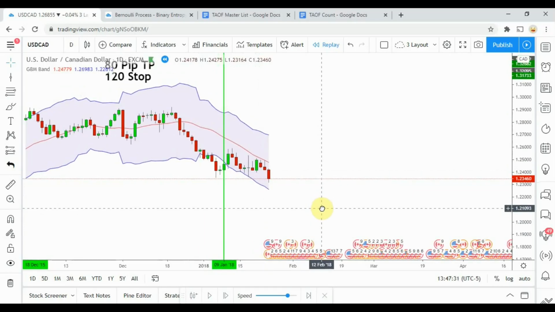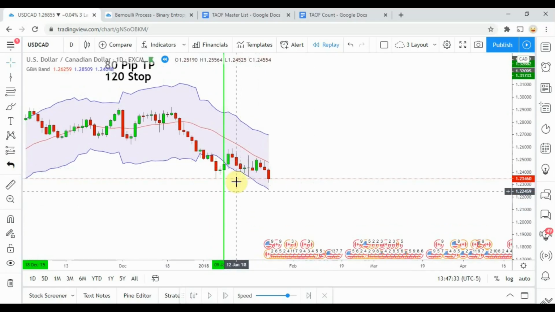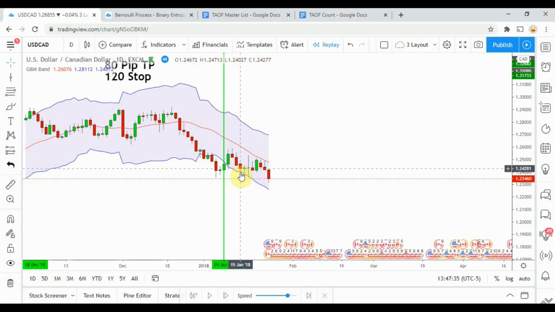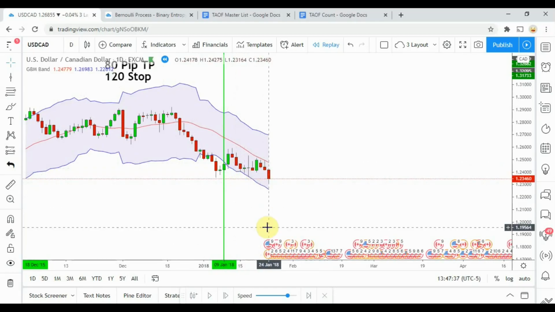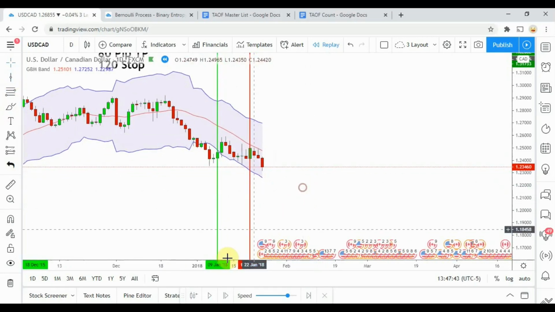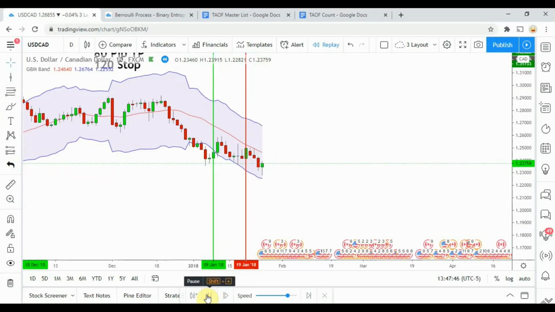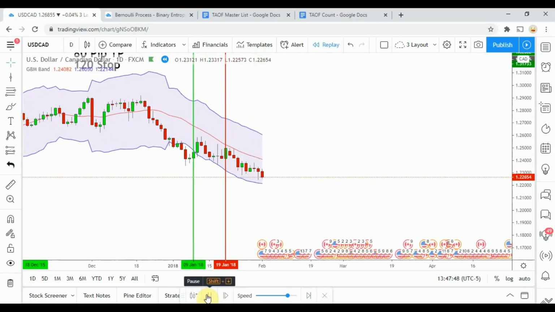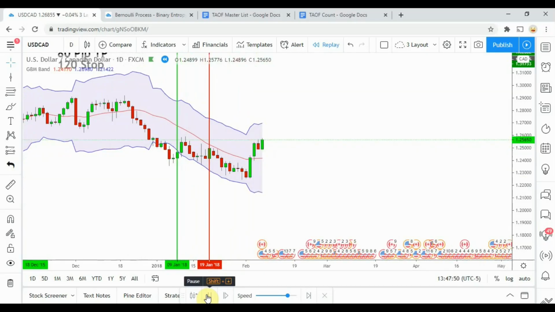Either one of those would be a valid signal to watch for the next candle. So we pick up this one right here. This one unfortunately would have been a losing trade. And keep on moving on.